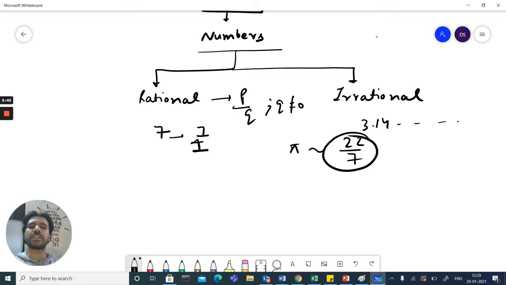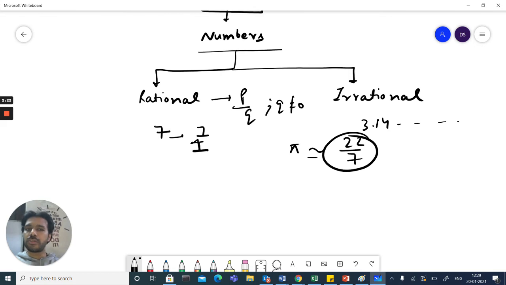It's an approximated value of pi. Approximated says you have got it as 22 by 7, but actually the number is never 22 by 7. So a better way to detect whether a number is rational or irrational is simply by checking whether it can form a p by q form.